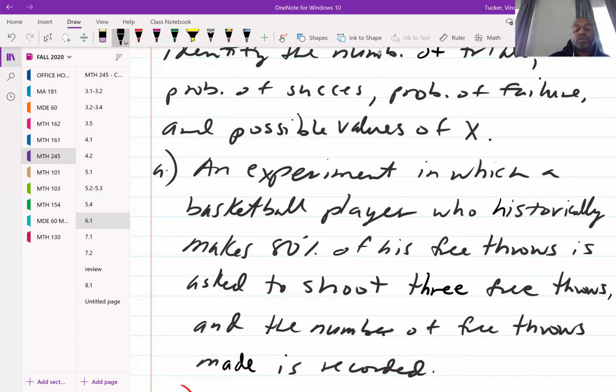All right, so we have to go through the 4 criteria to see if this is a binomial probability experiment.